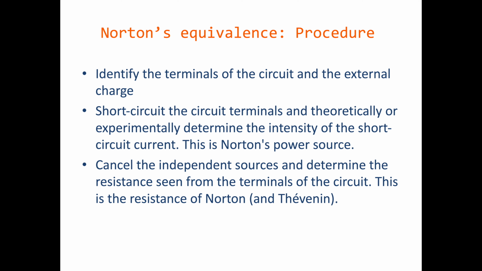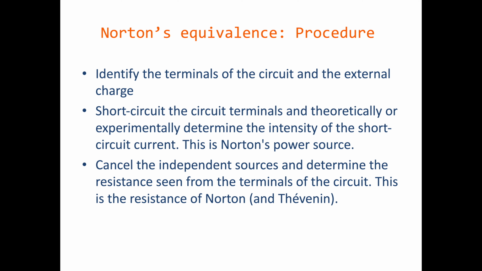For the first and the last step, it is the same as for the Thevenin equivalence. The difference lies in the way the current source is calculated. It is done by short-circuiting the terminals of the circuit and determining the current of the short circuit, which will be the Norton current. We take our previous circuit.